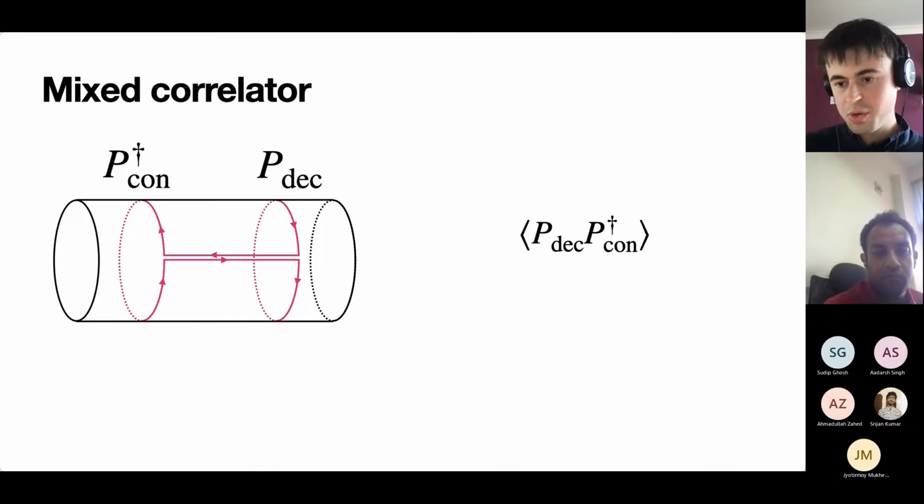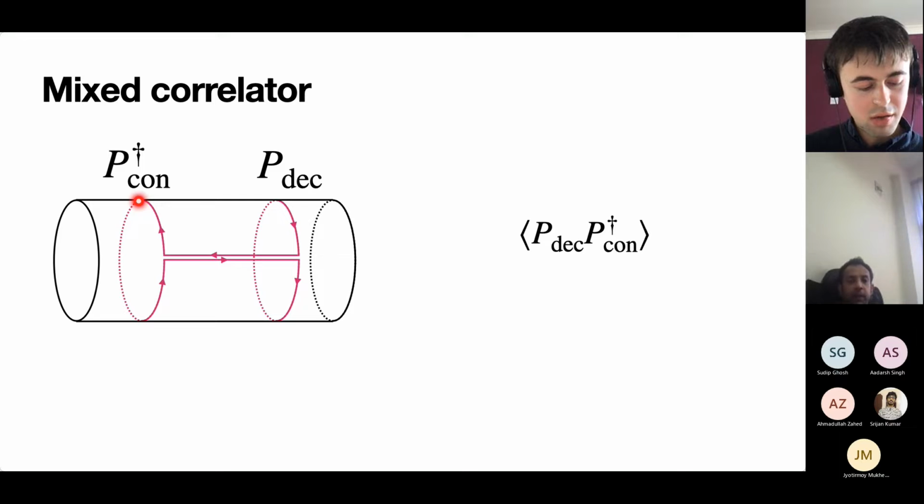A natural question to ask would be about the mixed correlator. What if we create a particle in the confined sector and then have a Polyakov loop in the deconfined sector?